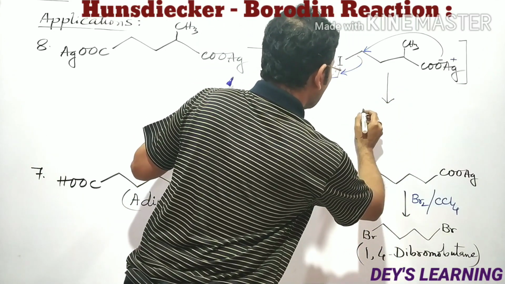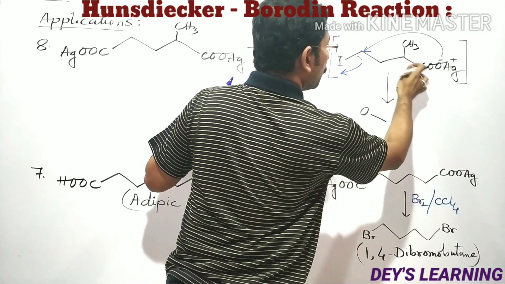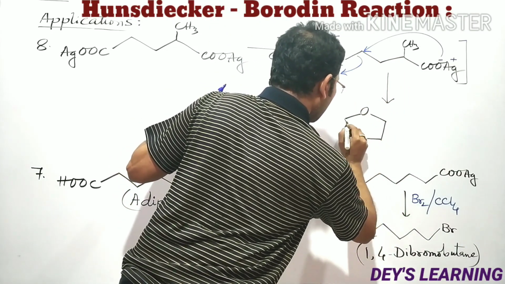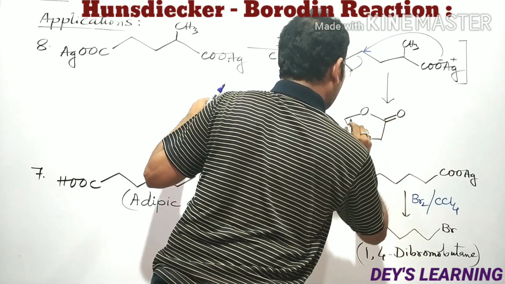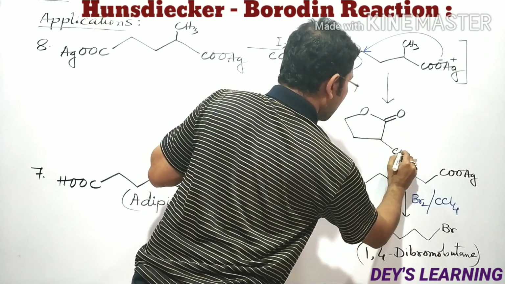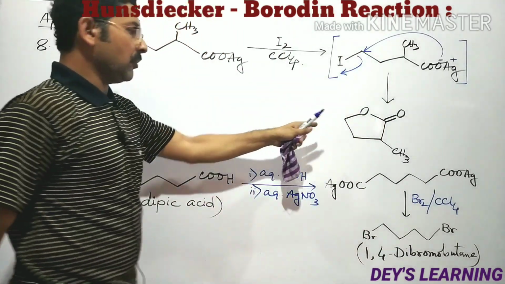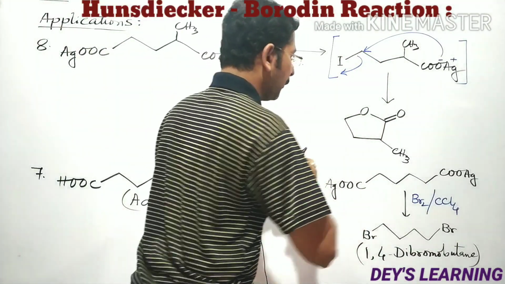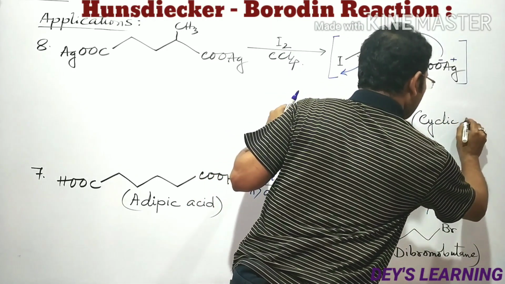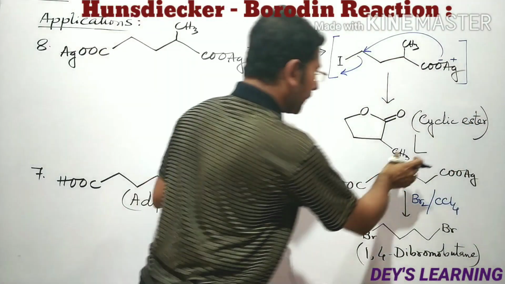I can write here O, then CO, 5-membered ring will be formed here, C double bond O. Next carbon, this one contains methyl, and then 2 carbons, then oxygen. So this one is again an ester, of course ester, and this one is actually cyclic ester, and cyclic ester is called lactone.